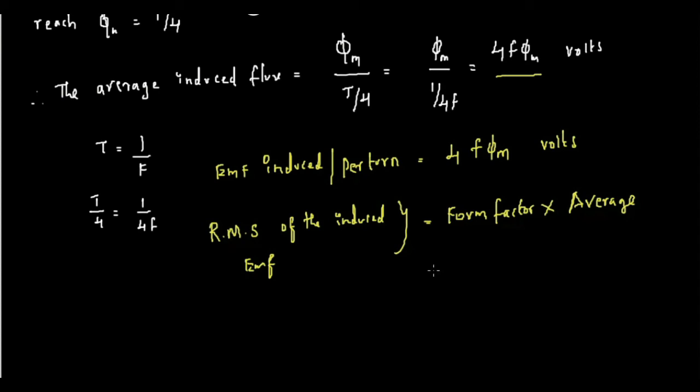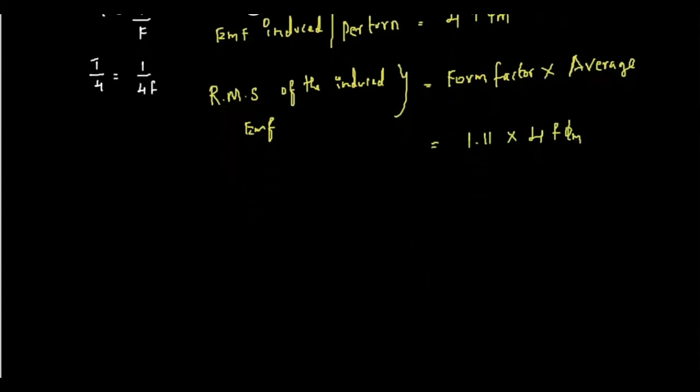This is a sinusoidally varying waveform, so the form factor of a sinusoidal wave is 1.11. So 1.11 multiplied by the average value 4f phi m. Rearranging this, you will get 4.44 f phi m. So this is the root mean square of the induced EMF.